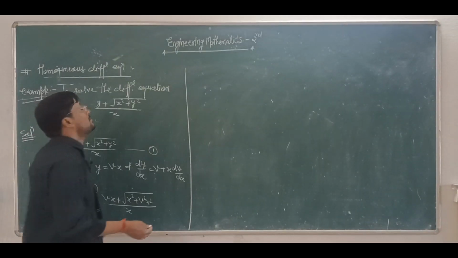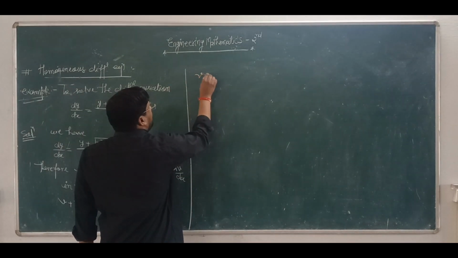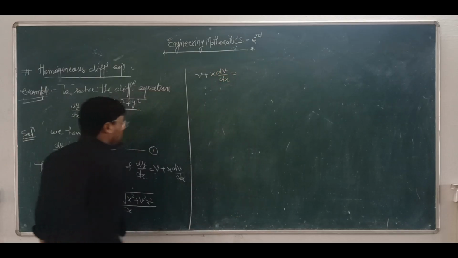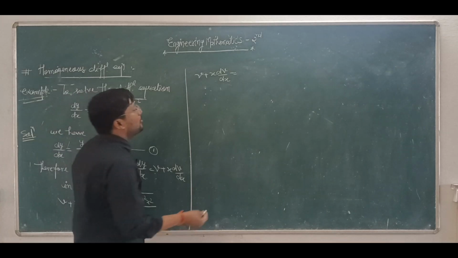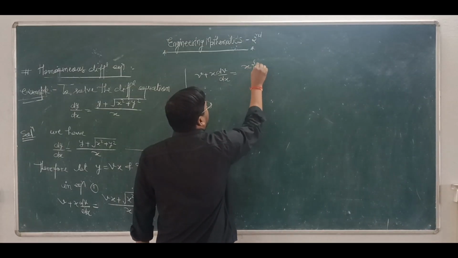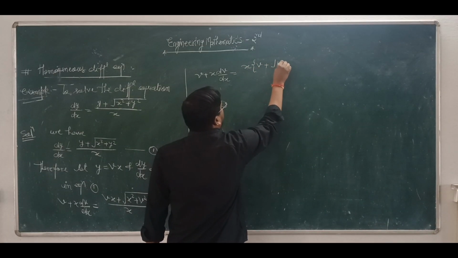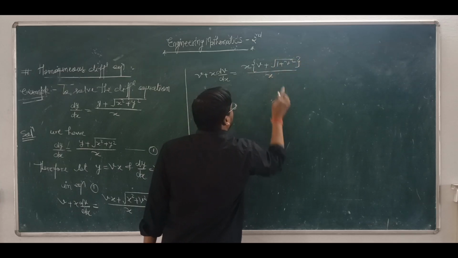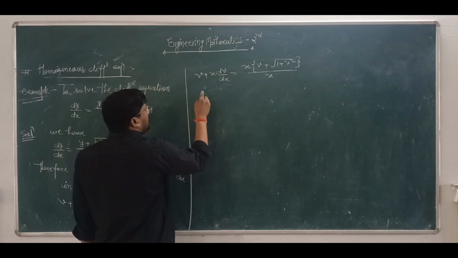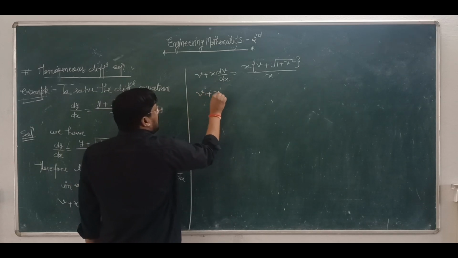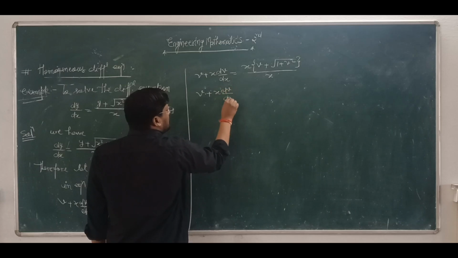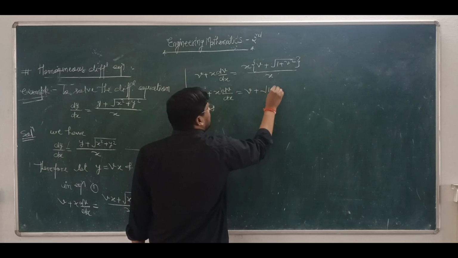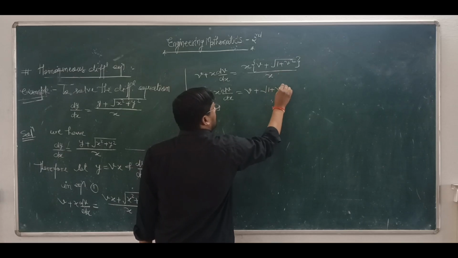Now you have common x, so you can write v plus x dv upon dx is equal to x times v plus under root 1 plus v square, total upon x.